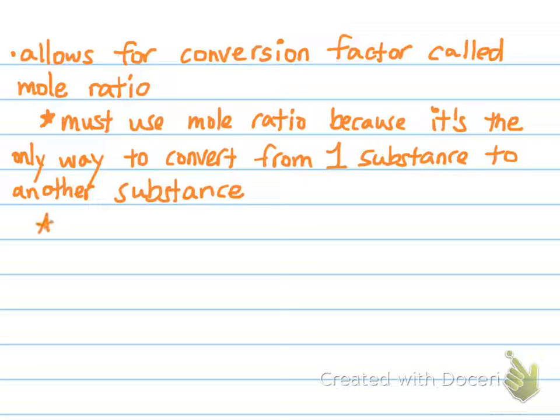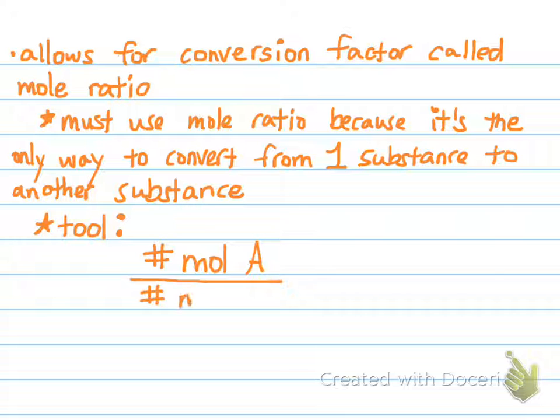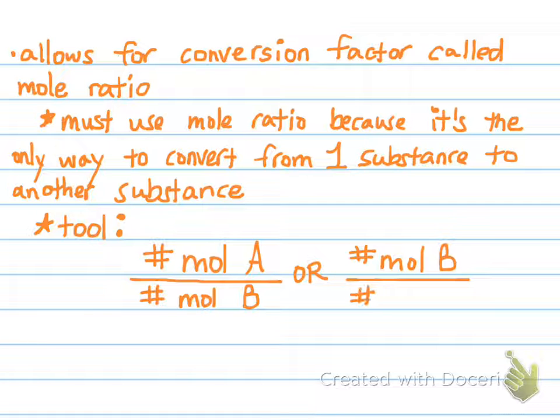So here's the tool for your toolkit, and we'll talk about what this means in just a moment. Your tool looks like this. It's some number of moles of substance A over some number of moles of substance B. And again, the power of this is that I can flip it depending upon where I need my units and substances to be.